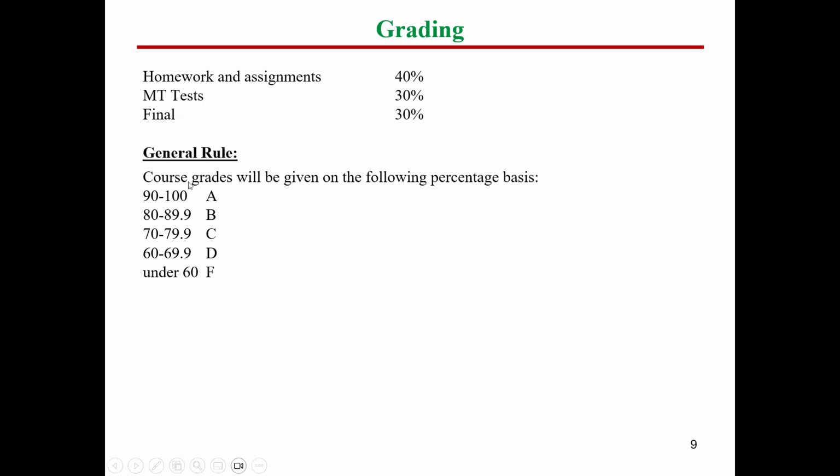The time of the midterms will be announced during the semester. Most probably the first midterm would be in week 7 or 8, and the second midterm would be after week 12. So this is the plan for our class, but we can discuss more about that, guys, in our synchronous meetings of our lab.